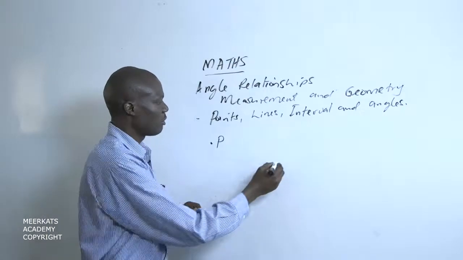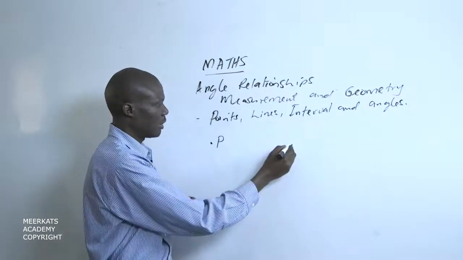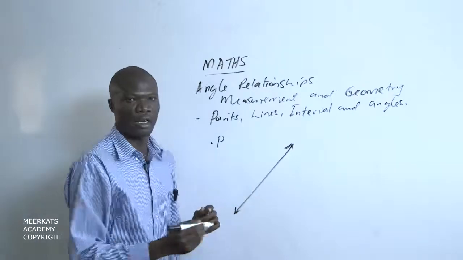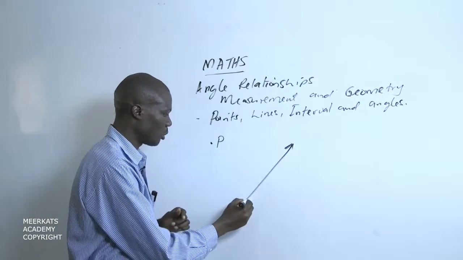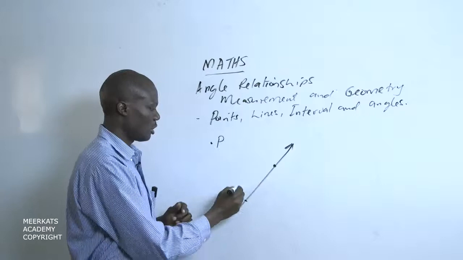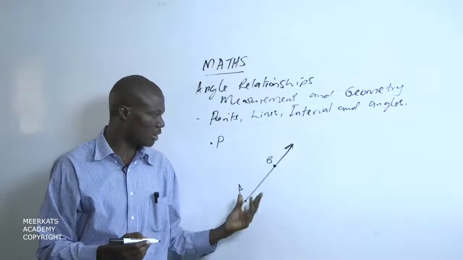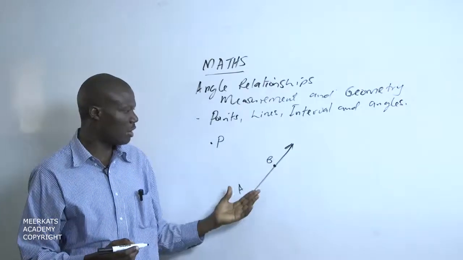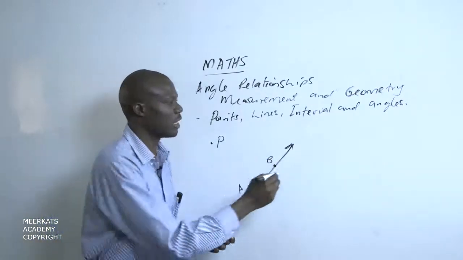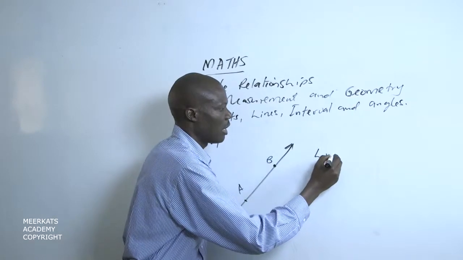Two, we have a line. A line is denoted with 2 points. In this particular case, I'm calling it A and B. And if we have A and B, we shall say that A and B is a line.